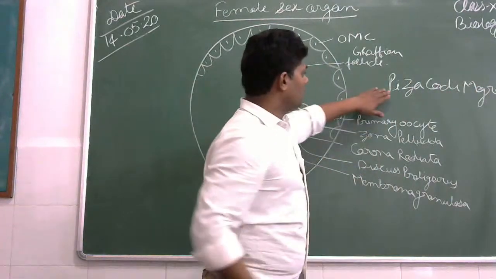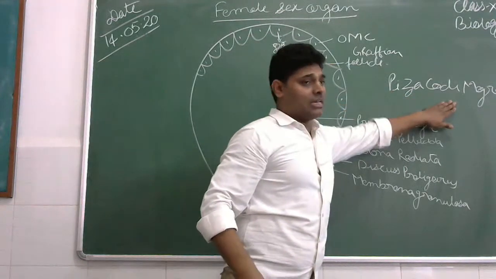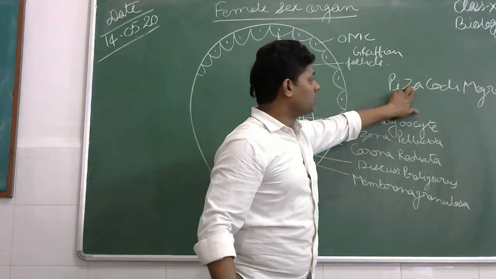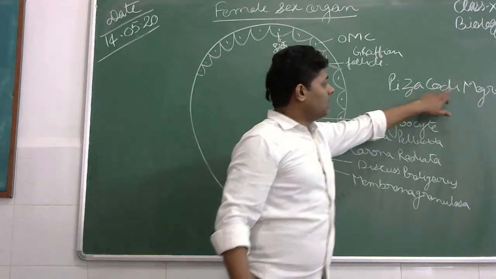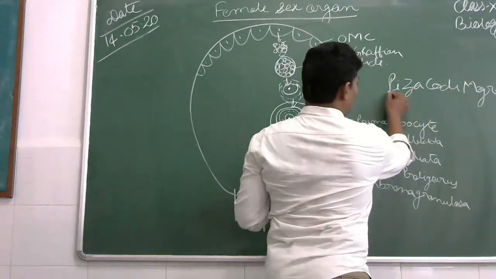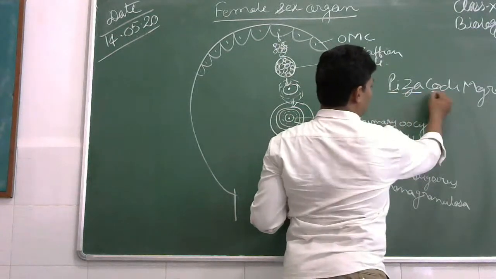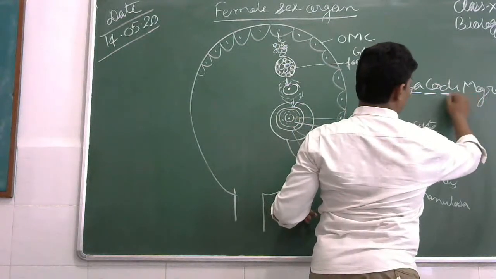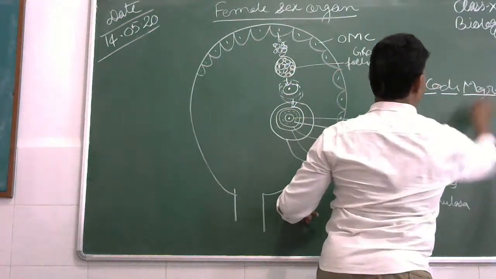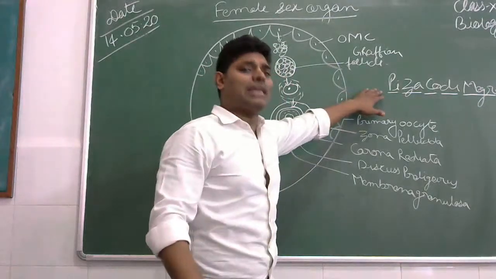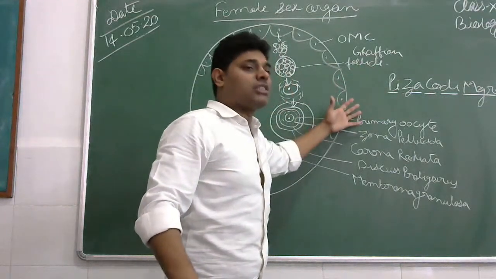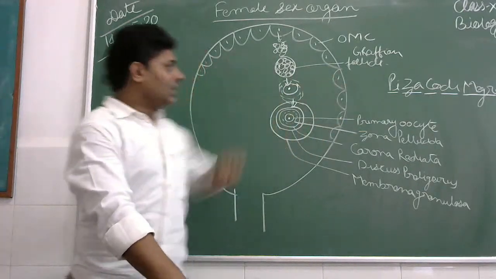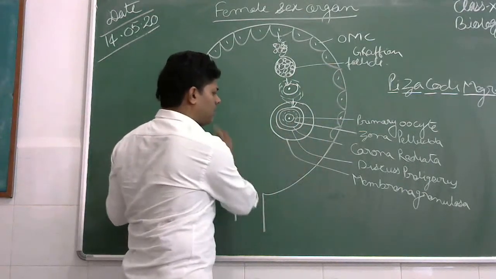Right? So, the pizza poly diagram: primary oocyte, zona pellucida, corona radiata, viscous polyurus, and membrana granulosa. So we can remember easily the exact sequence of the layers from inner to outer side. Now, what about this membrana granulosa?